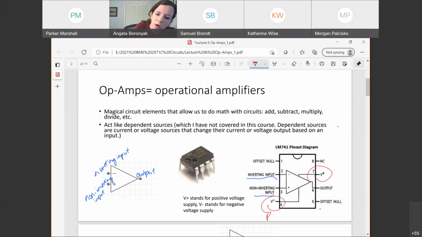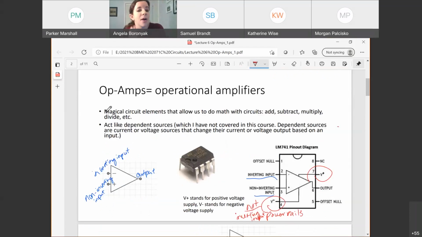These are called our power rails, or the power supply for your op amp. They are not the same as the minus and plus here. So this is not, for example, the inverting input. That can get confusing because it looks like, oh, it's a voltage minus. That's my voltage right here, and that's not true.